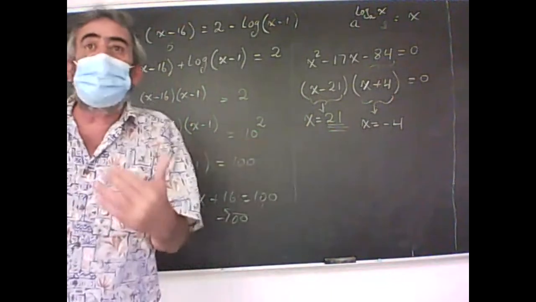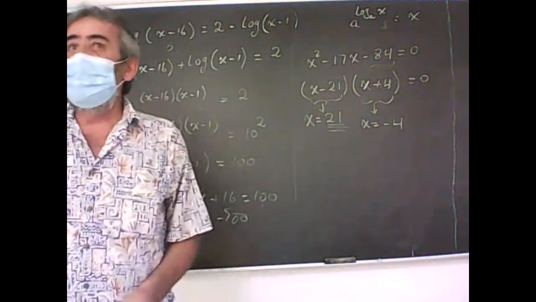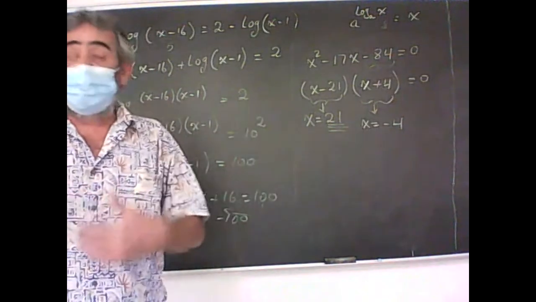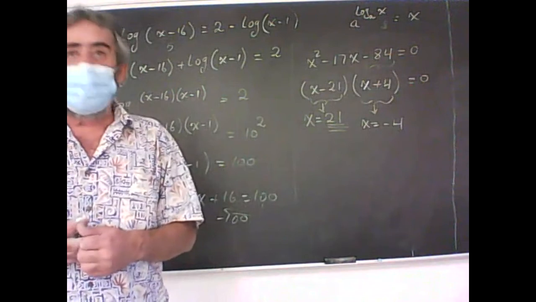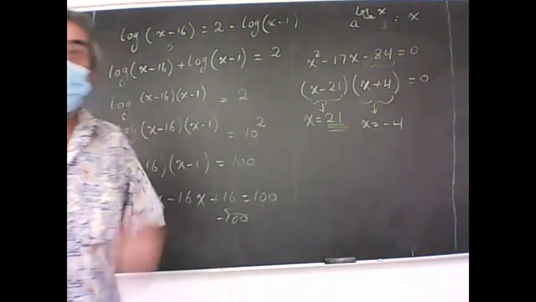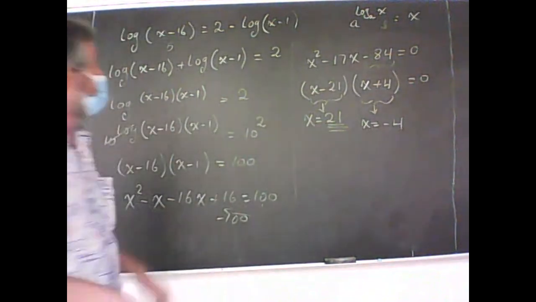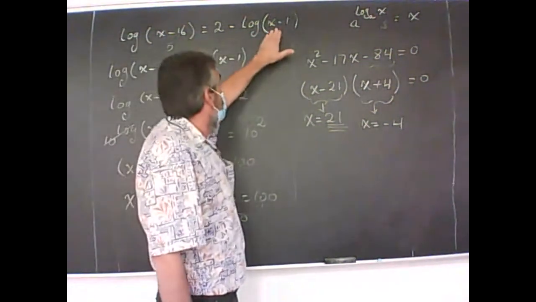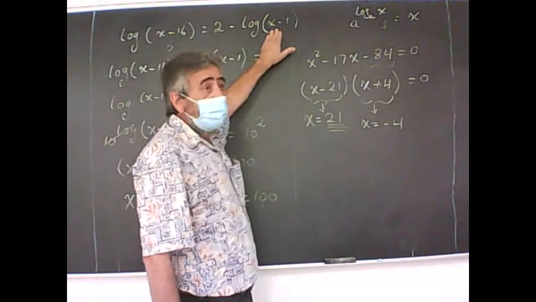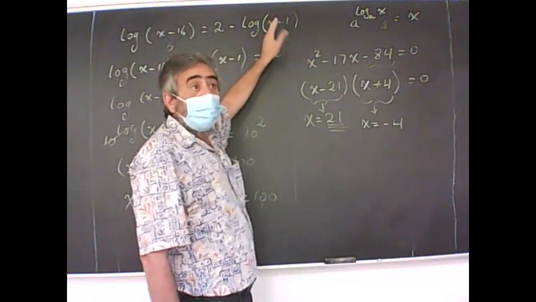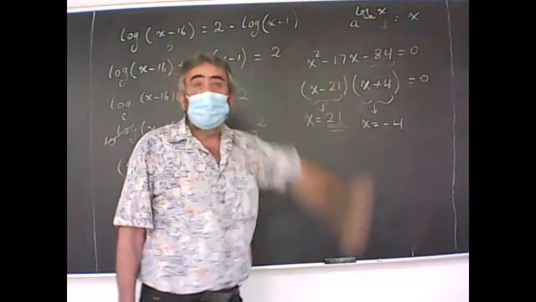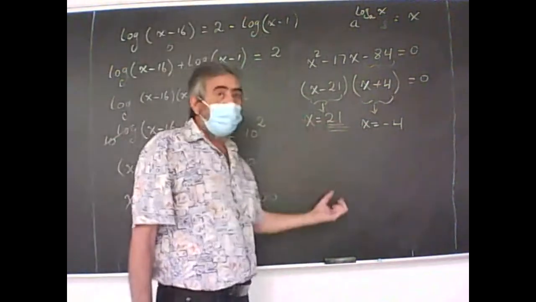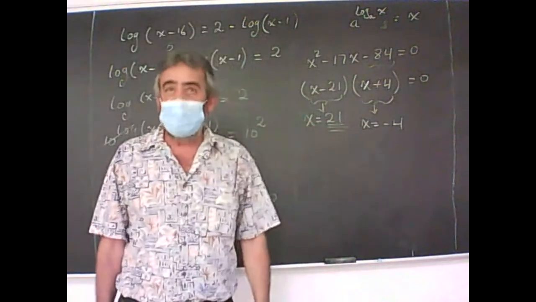At this stage, I'm only looking at whether it's positive or negative. If I get a negative, I ignore it because, if you remember, we said you cannot put a negative number inside the log. I need to check every one of them. Here is a log, and here's also another log. So if I have a 21 here, I'm going to get 20. That's still a good number. Therefore, if all my calculations are correct, 21 should be an answer.